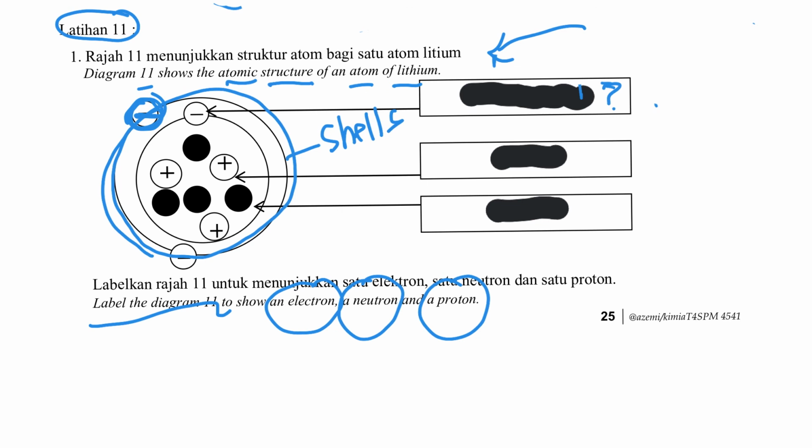Okay, and we also have learned that inside an atom there is a nucleus. What is that positively charged particle in the nucleus, and what is that no charge, okay, neutral particle in an atom in the nucleus? So you need to copy this one also, and you need to upload it to Google Classroom.